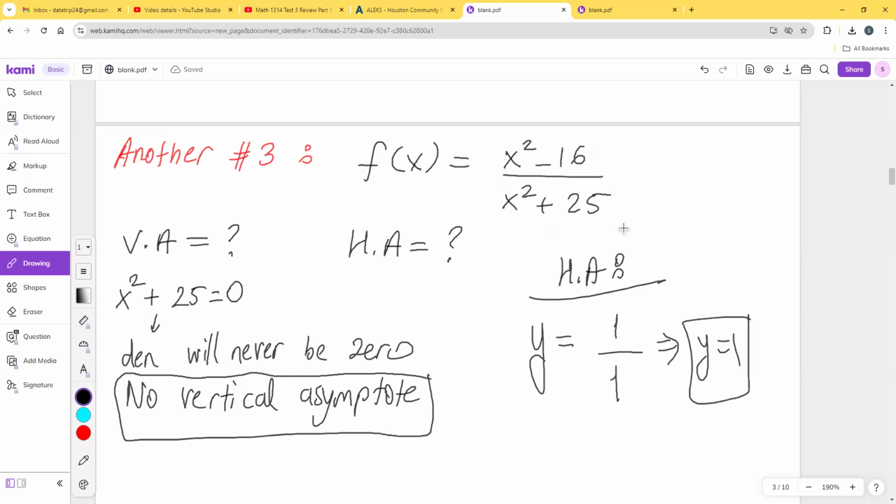Now I'm going to move you to number 4. Let's move to the Aleks review. Number 4 is about multiplicities. I'm going to find the question on the review.